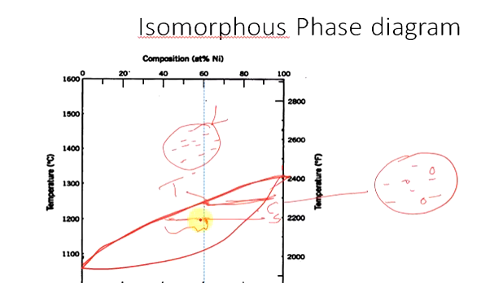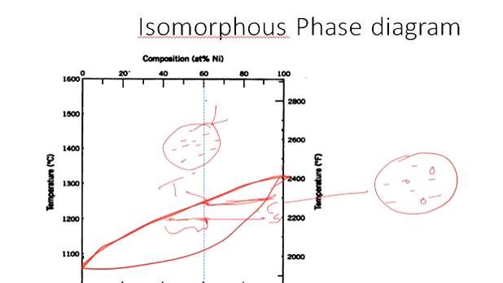If you apply the tie line rule here, the first solid formed below the liquidus temperature is not much, and here the fraction of solid formed increases. At this point the fraction of solid formed increases.